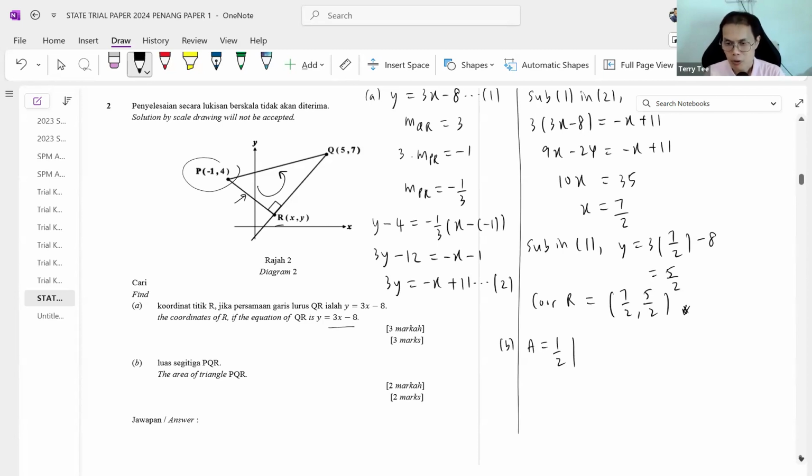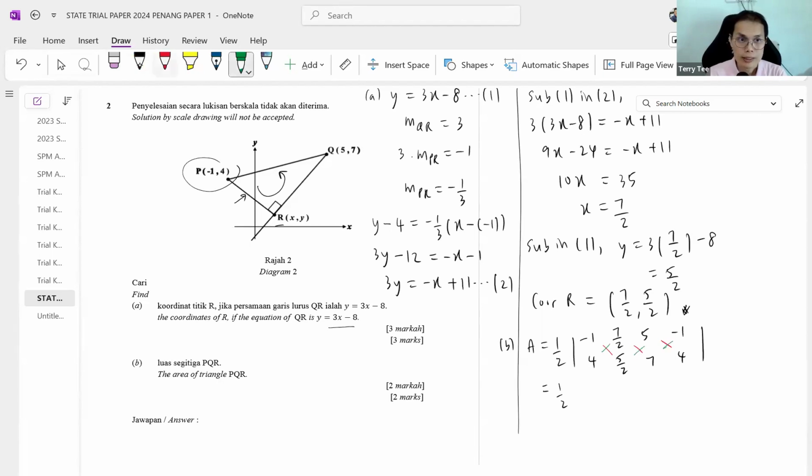So here I start with point P, (-1, 4). I continue with point R, (7/2, 5/2). I repeat with point Q, (5, 7), and repeat with the first point, (-1, 4). Okay, so let's multiply downwards. Remember, we multiply this way down first, then you minus the multiplication this way up.